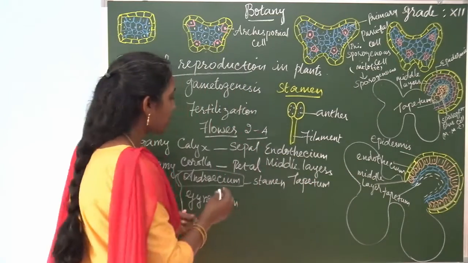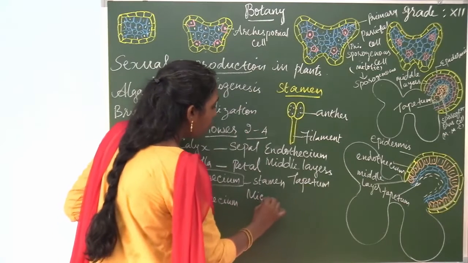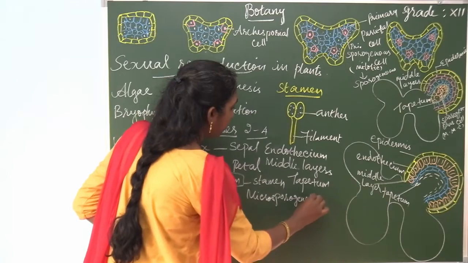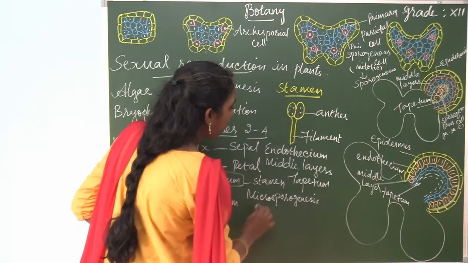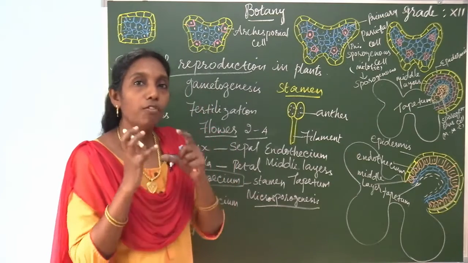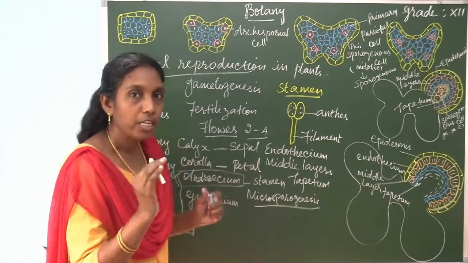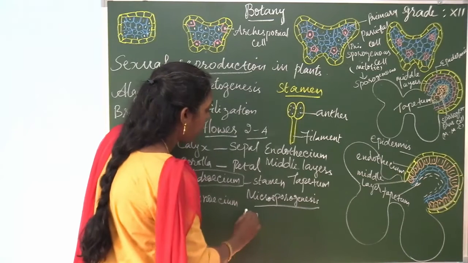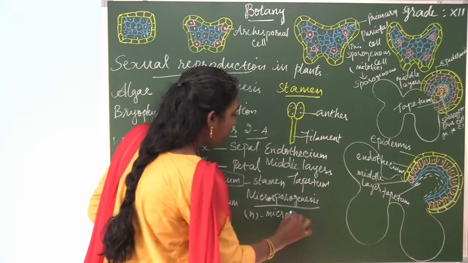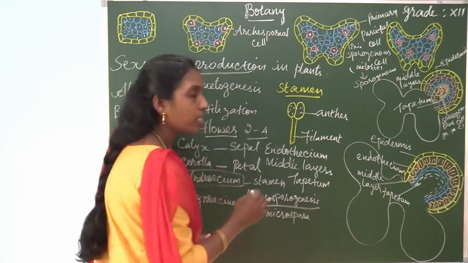Now the next process is known as microsporogenesis. What is meant by microsporogenesis? It is the process by which microspores are formed. The microspore is haploid, which is represented as N. How is it formed?